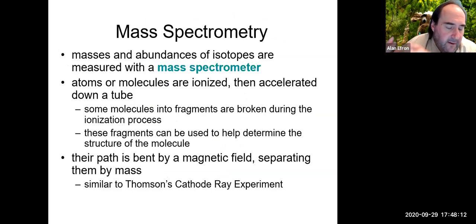So how do we figure out things like the percent abundance or the masses of these different isotopes? We could use a process which is sometimes referred to as mass spec. Basically what it's able to do is separate out isotopes based on their mass. It goes down a tube, gets bent through an electrical field and magnetic field, and it comes out as fragments on the detector.